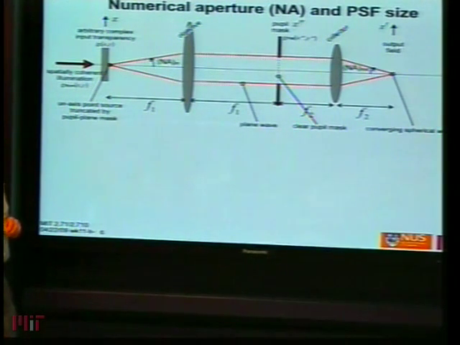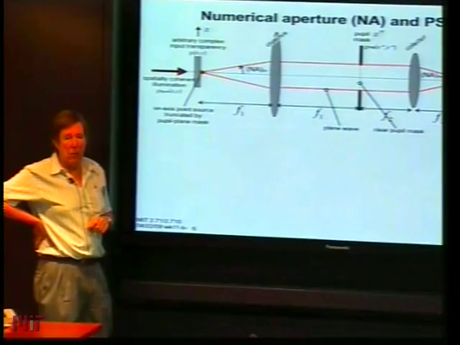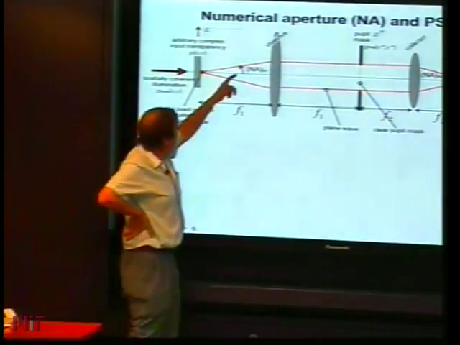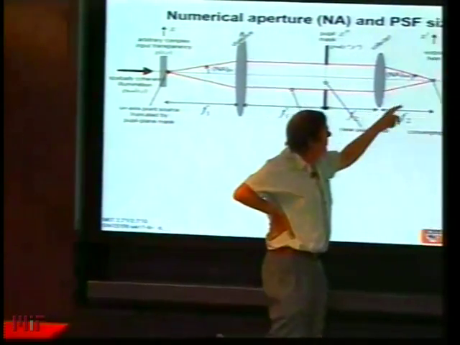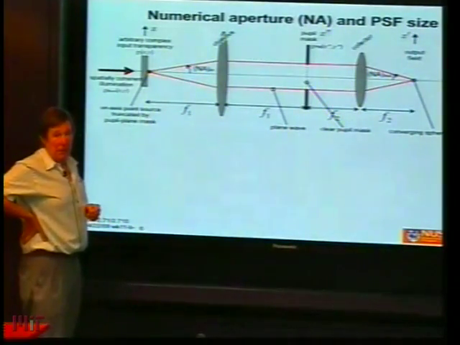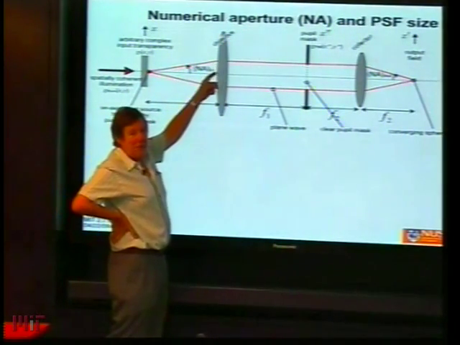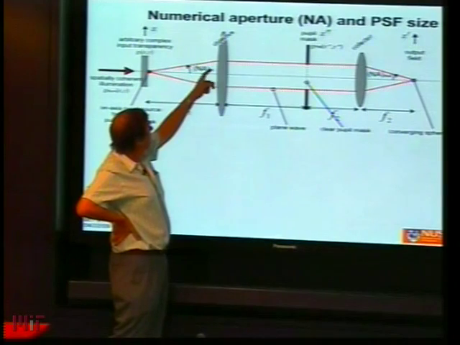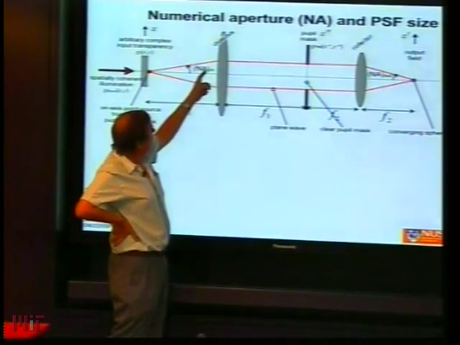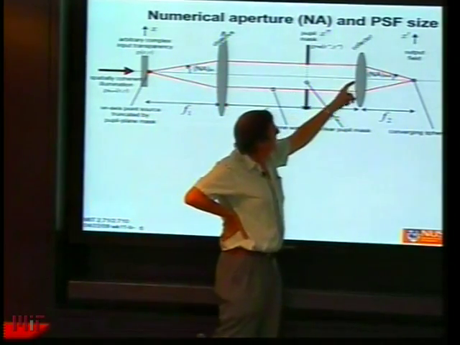But you can see that if NA is small, these are going to be scaled in the same way as your F1 and your F2. For it to be exactly that, this NA would have to be the tan of that. But for a sine, if NA is small, then this distance is the same here and here.